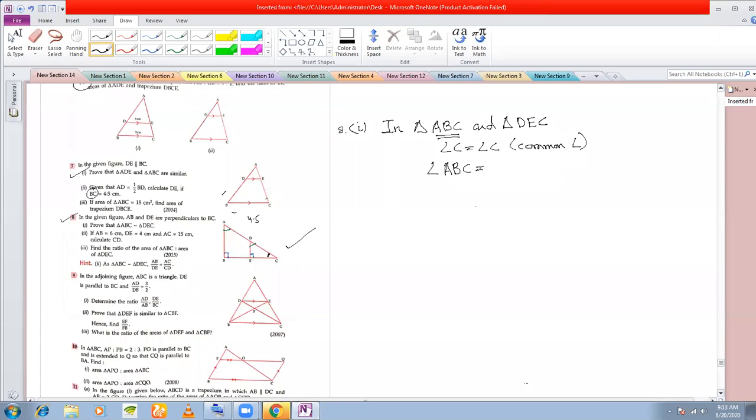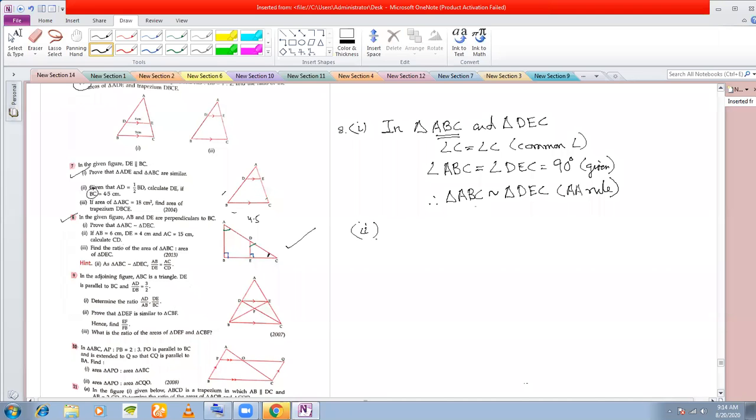Angle ABC is equal to angle DEC, equal to 90 degrees, given. Therefore, triangle ABC is similar to triangle DEC, by the angle rule. So the first part is done.